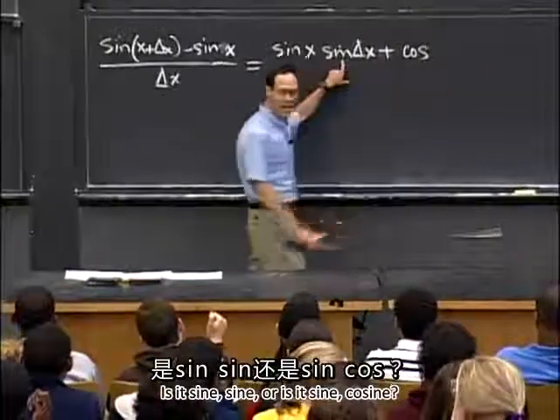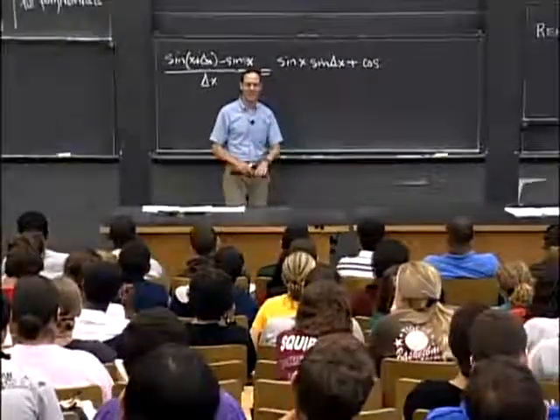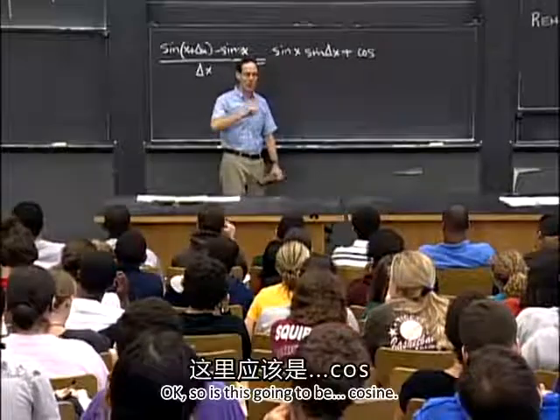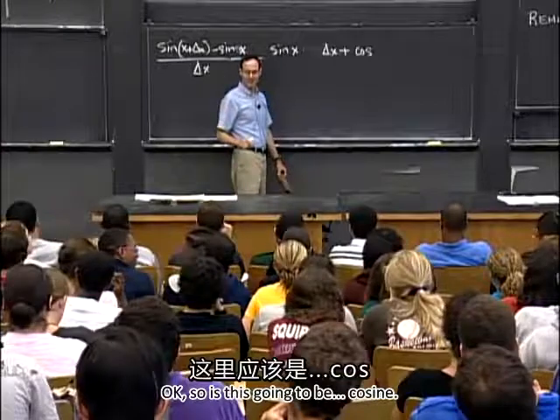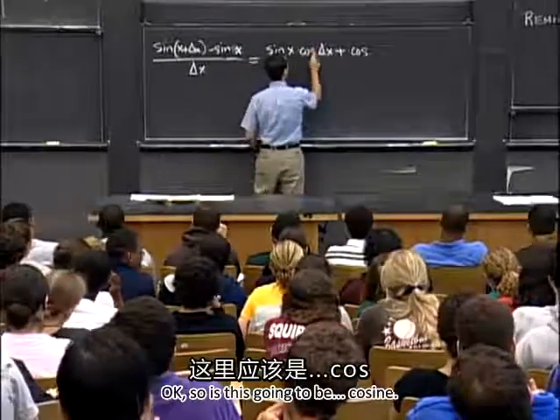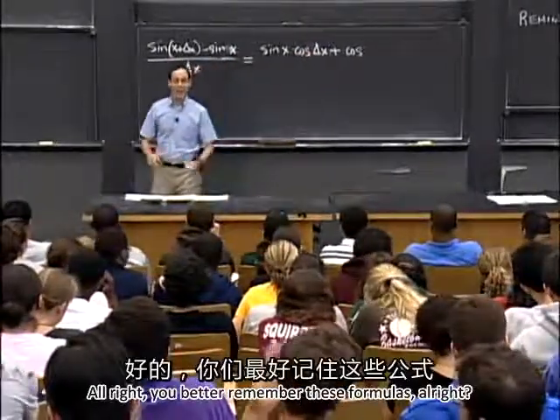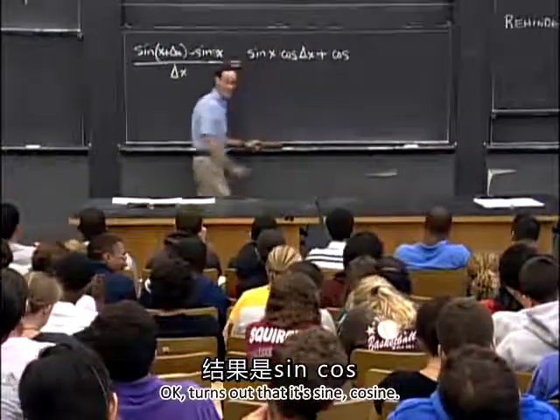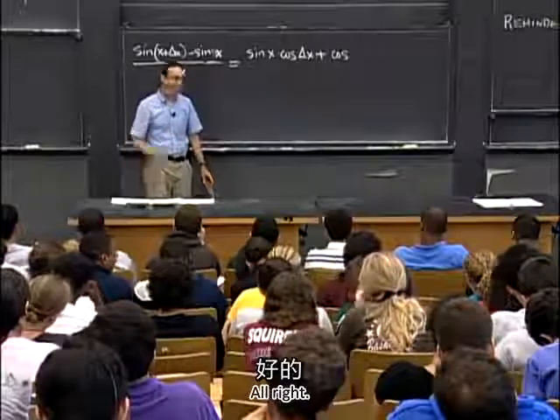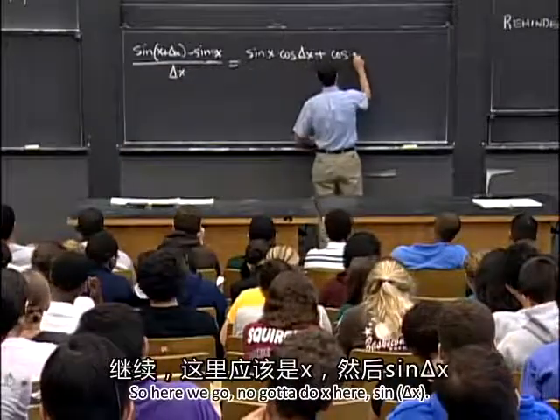Is it sine sine or is it sine cosine? Okay. So is this going to be cosine? All right. You better remember these formulas, all right? Okay, it turns out that it's sine cosine. All right, cosine sine. So here we go.